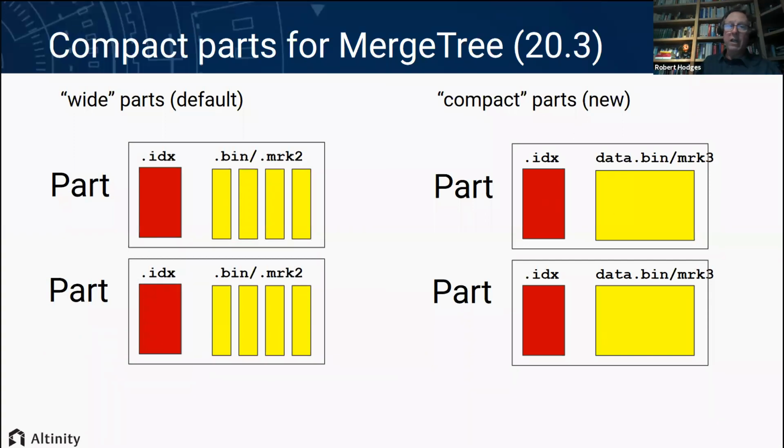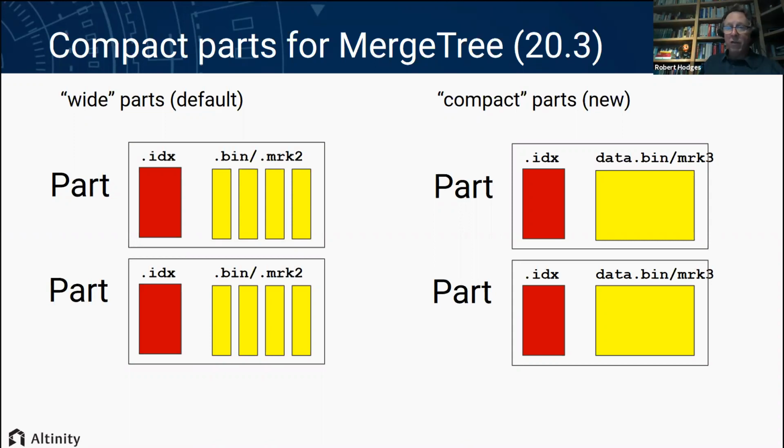Another particularly interesting option is something called compact parts. If you're familiar with the way that ClickHouse MergeTree tables are organized, you'll know that there is basically a .idx file, that's your primary key, your sparse index to find rows. And then you have .bin and .mrk2 files for each column.